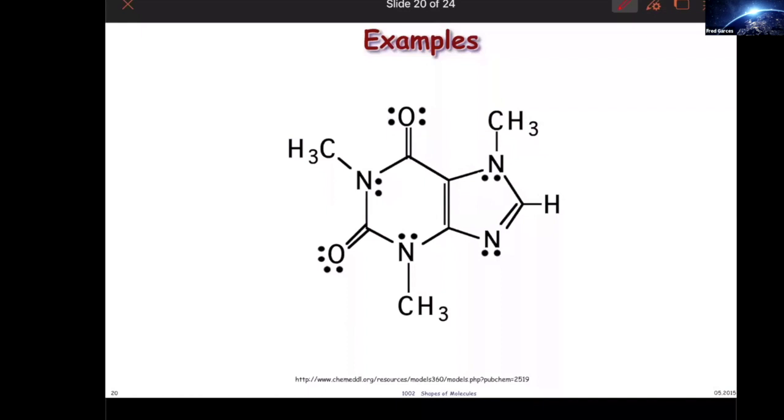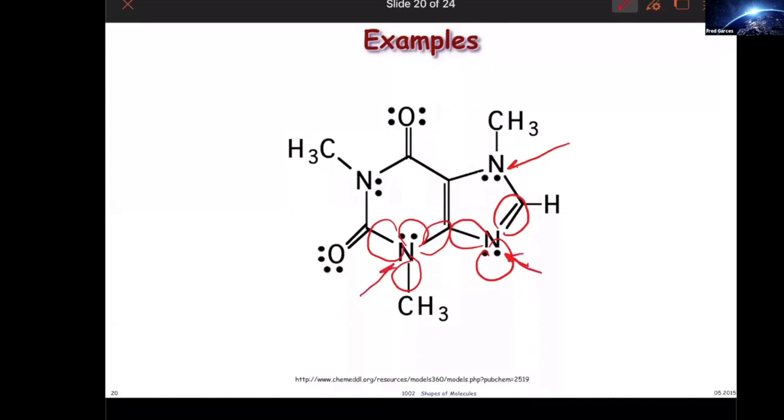Our last analysis is these nitrogens right here. This one has 1, 2, 3 regions of electron density. This one has 1, 2, 3, 4 regions of electron density. So this nitrogen and this nitrogen are different.